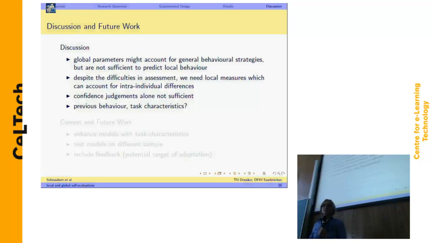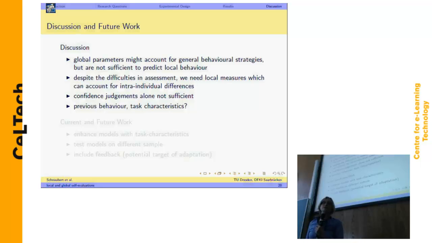So maybe you should take previous behavior into account or task characteristics. In preliminary analysis, we found, for example, that the skipping rate differed very much with the task characteristics. For the task of adding fractions without a common denominator, the skipping rate afterwards was about 75%, whereas for easier tasks it was only 25%.